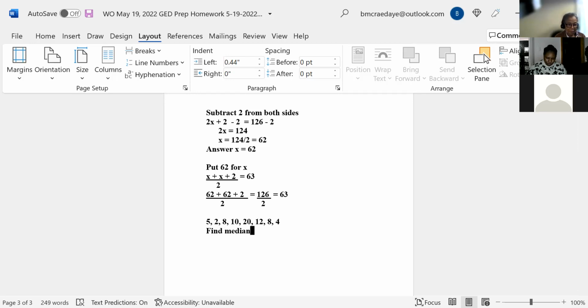So what's the first thing you do, Michelle? You put them in order. That's right. Put them in order. So do that. It could be high to low or low to high. 25, 10, 8, and 8.